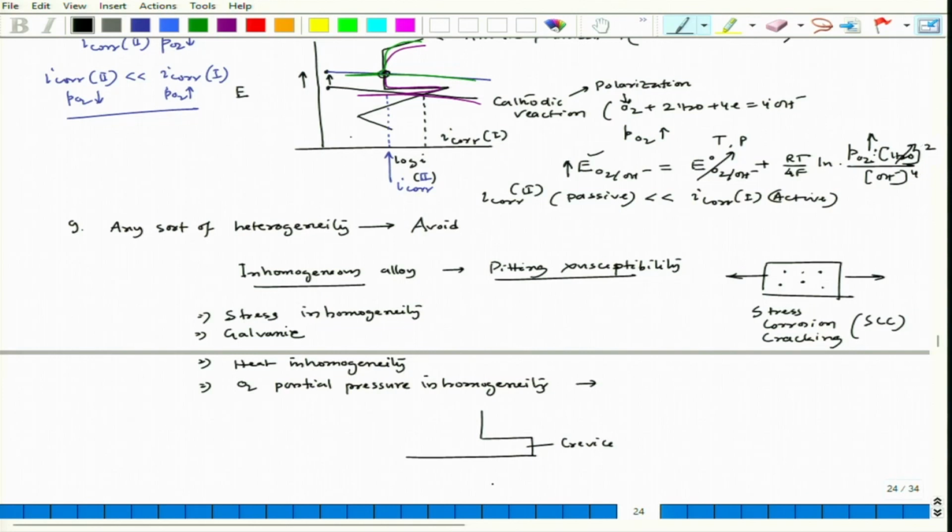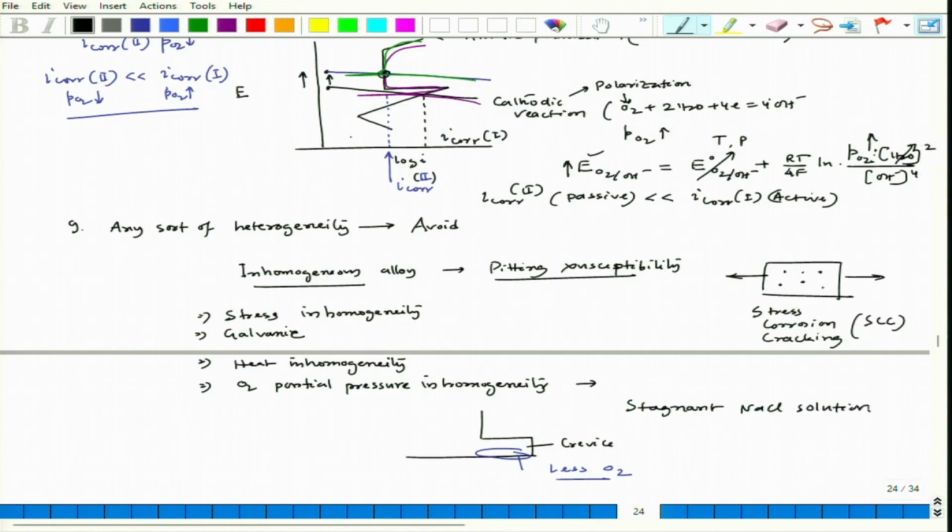In the beginning, everywhere you will have equal amount of oxygen reduction, but if it is a stagnant liquid, let us say stagnant NaCl solution, then this particular segment will have less oxygen after some time, because whatever oxygen was there in the beginning got consumed because of the cathodic reaction. The condition we have to also mention is the stagnant NaCl solution.